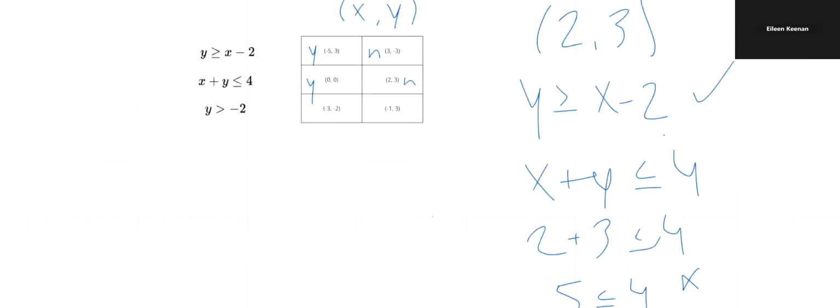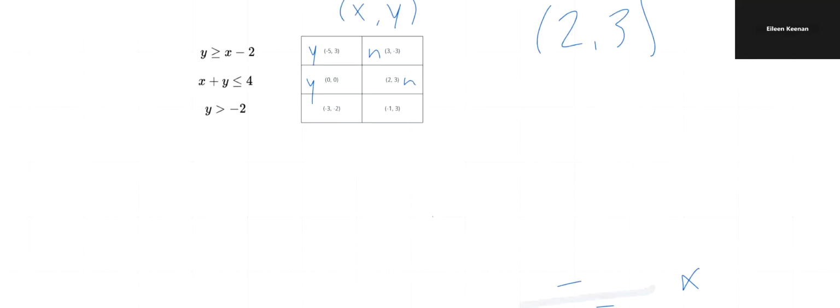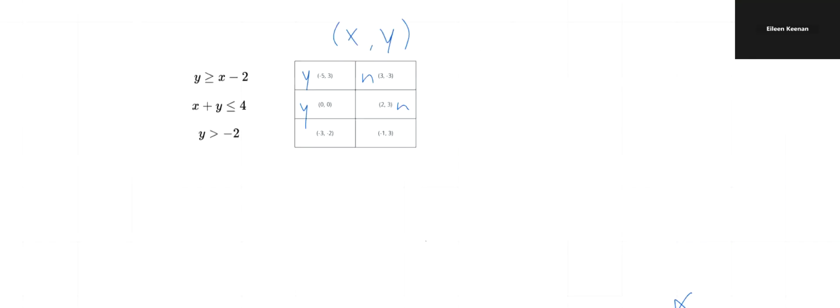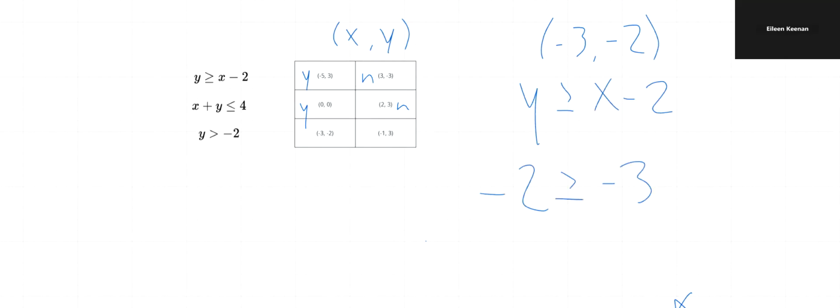All right, next point is -3, -2. Now, y is greater than or equal to x minus 2. So we have -2 is greater than or equal to -3 minus 2. -2 is greater than or equal to -5. That is true, so that checks out for that one.